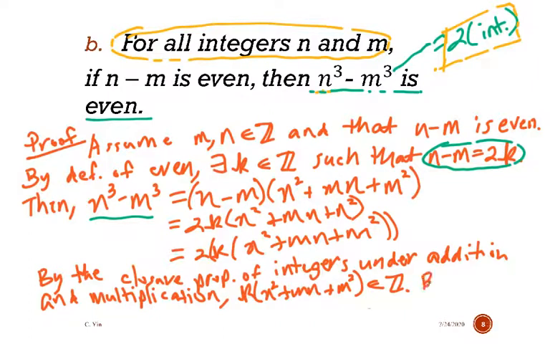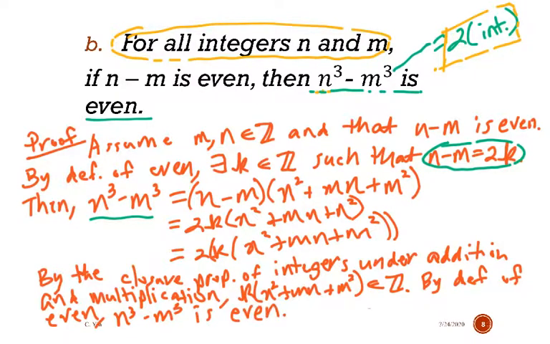We can say, okay, well now by definition of even, remember we're trying to show that it's even, this thing right here, this n cubed minus m cubed that we wrote as 2 times an integer, is even. And so really we're done there.